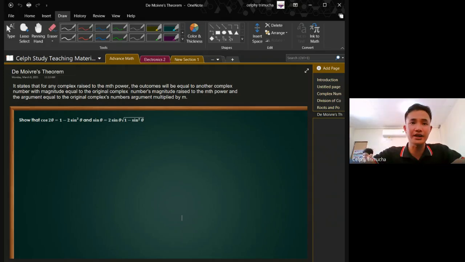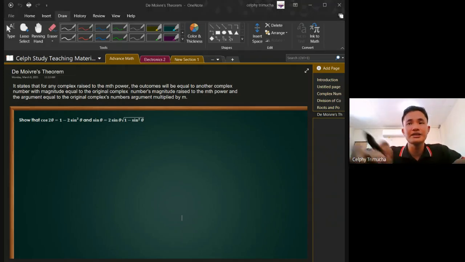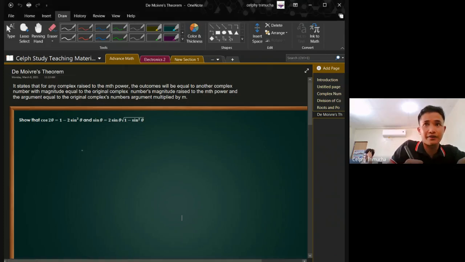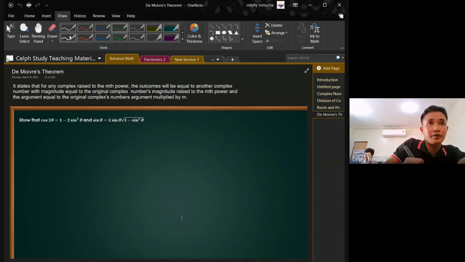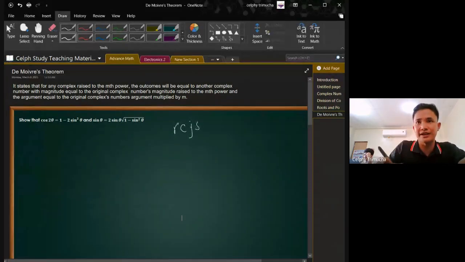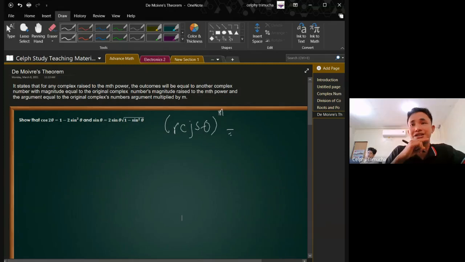If we are going to express that statement in mathematical form, for example, we have r(cos theta + j sin theta) raised to m. So this will be equal to r^m.